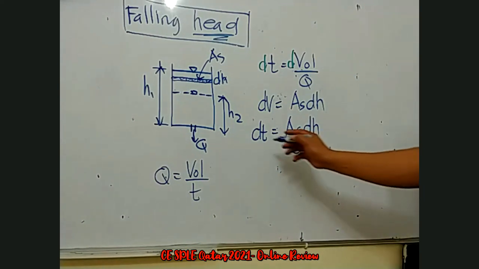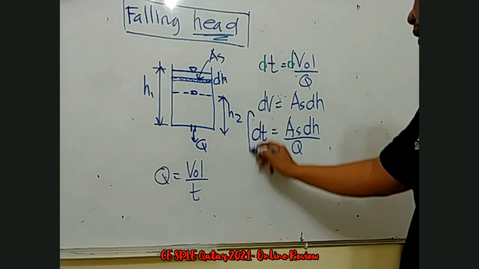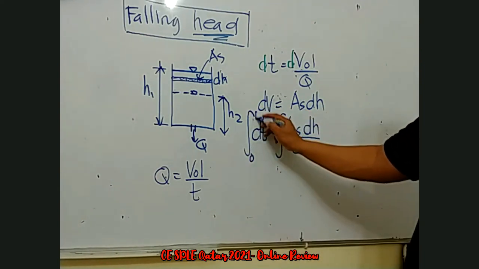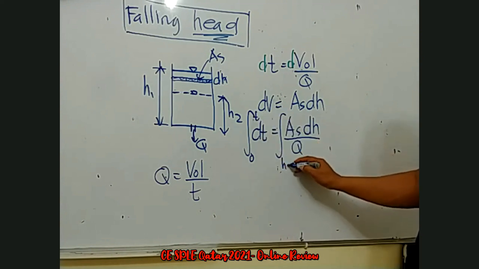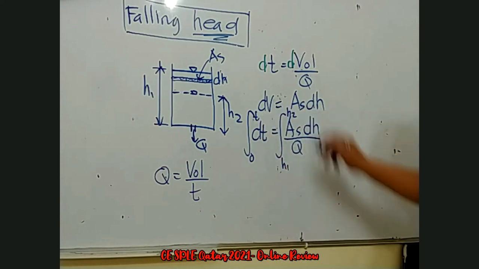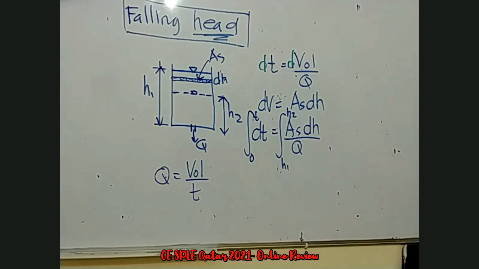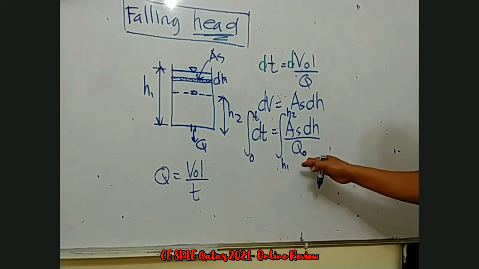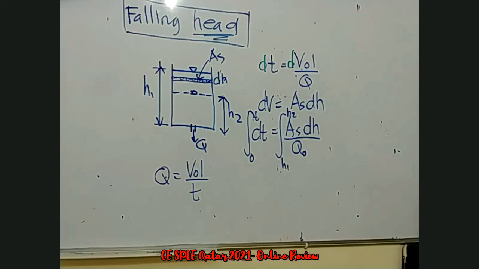Then integrate. No? Integrate. In terms of height. From 0 to time. Then ito from h1 to h2. Pwede na. Now this Q, ito is generic na ito. This is Q of orifice. Sometimes Q of weir. Pwede rin. Ito generic na ito. Okay?